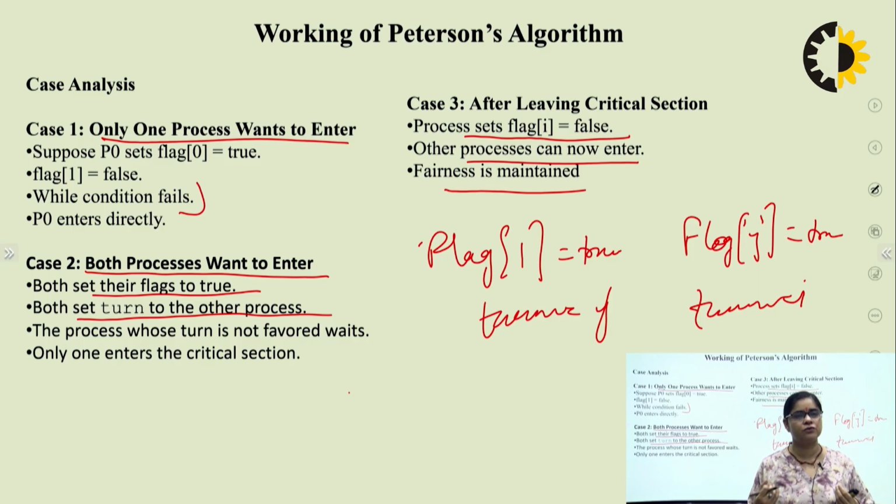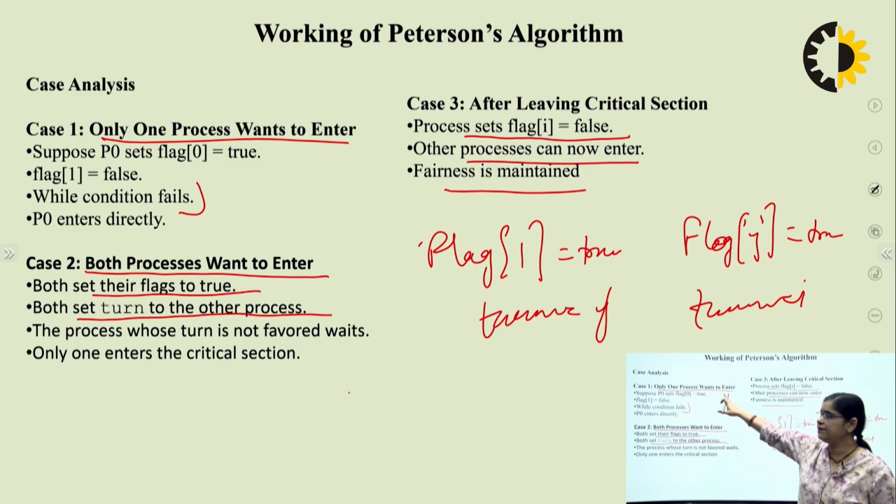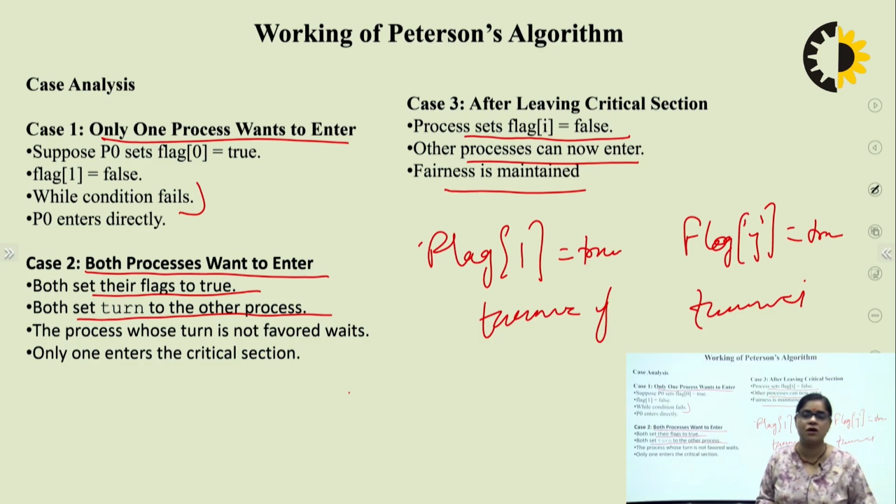So these 3 conditions are the working of the Peterson algorithm. The first is that only one process wants to enter. The second is that both processes want to enter, and case 3 is what happens after leaving the critical section. According to the Peterson algorithm, there is no starvation.